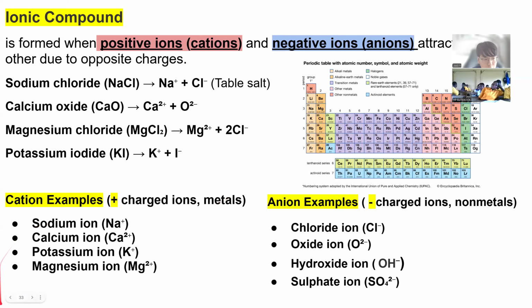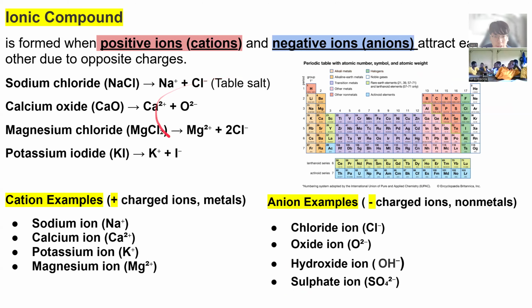And we have some examples here of cations and examples of anions. If you see a pattern, cations are all located on the left side of the periodic table because it's easier for those atoms to lose electrons rather than gain.